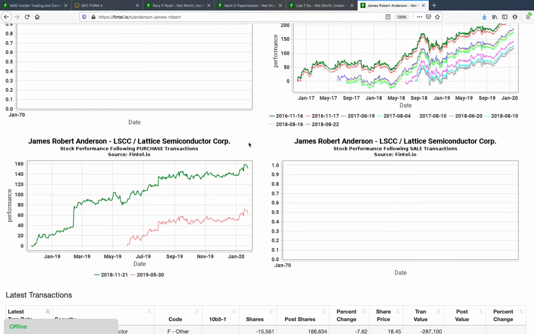I talked about how the SEC likes to track the second version of insiders' trades so that they can determine if the insider is making trades based on material non-public information. And then I showed you some charts that allow you to track the performance of insiders so that you can see for yourself if they're trading on their own behalf.